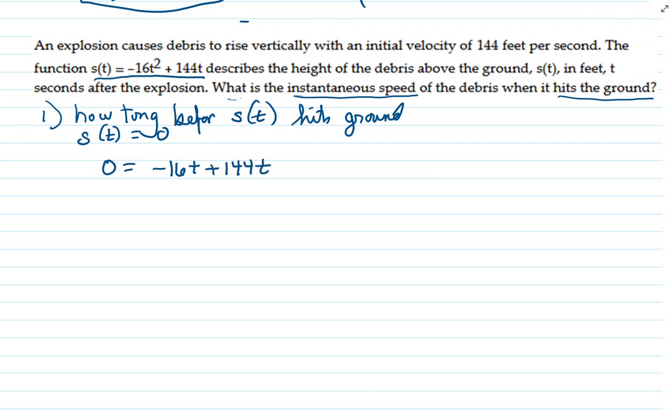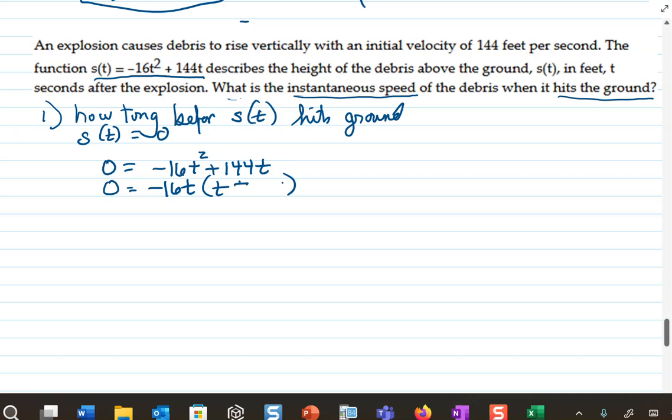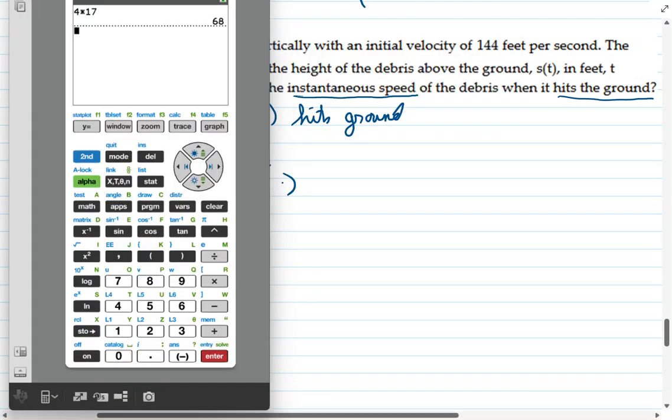And I'm going to take out a factor, a negative 16t. And that's going to give me t minus 144. Oh, sorry. I divided by 16. Let's go with 144 divided by the 16. That's 9.